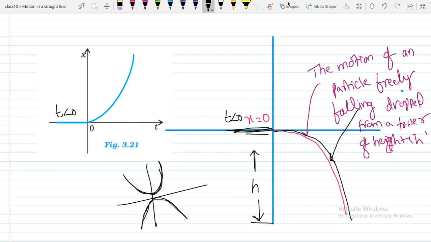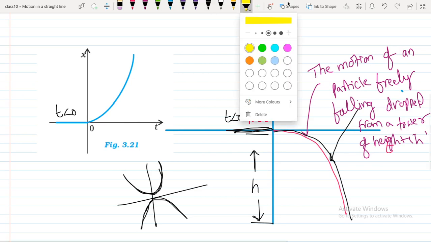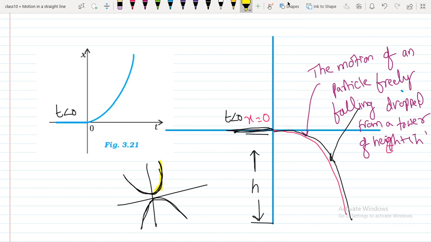Both are parabolas, and these two, which I am going to highlight with yellow color, are just like mirror images. So this graph represents the motion of a particle falling freely, dropped from a certain tower of height h.